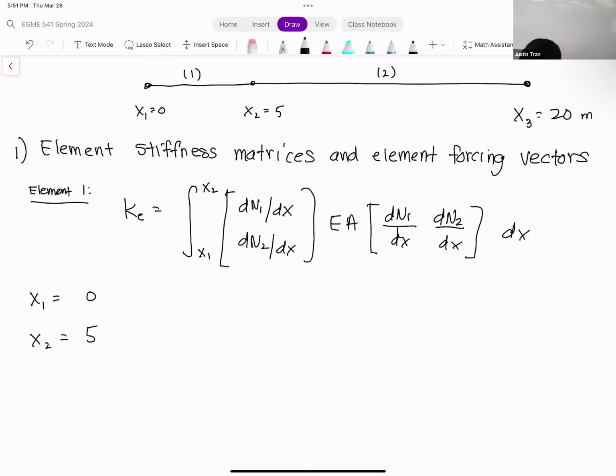Next thing we need are the shape function derivatives. dN1/dx, we computed that expression last time. Based on the linear shape function, we know that dN1/dx is going to be 1 divided by x1 minus x2. We know that x1 is 0 and x2 is 5, and so we plug those in. dN1/dx is minus 1 over 5.